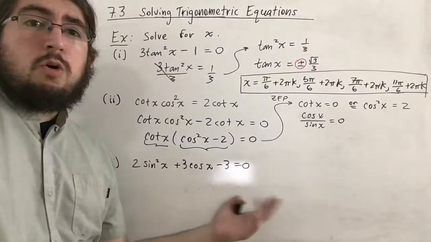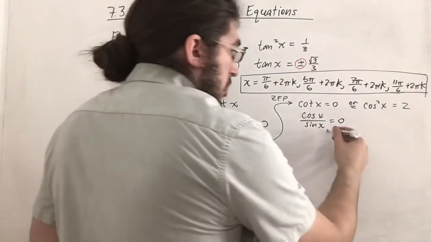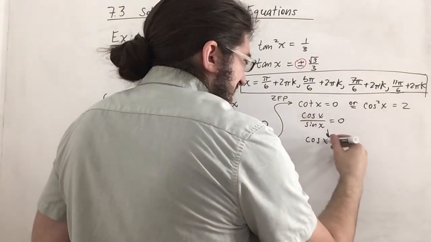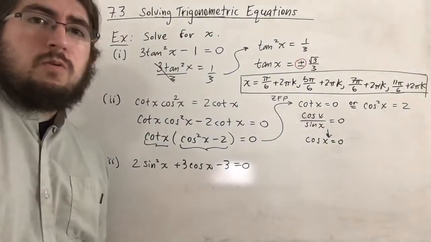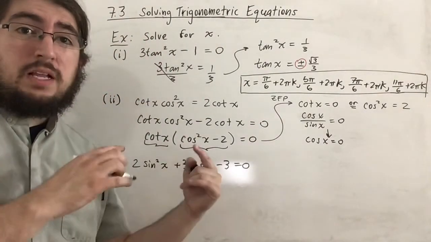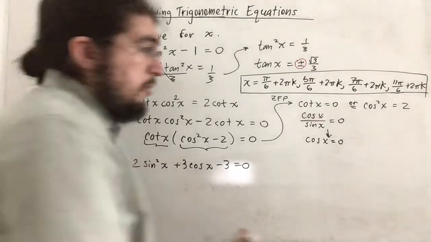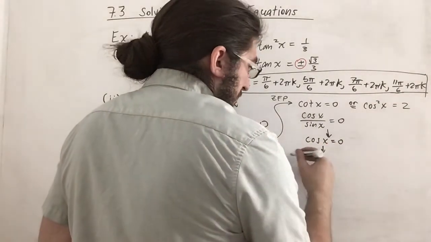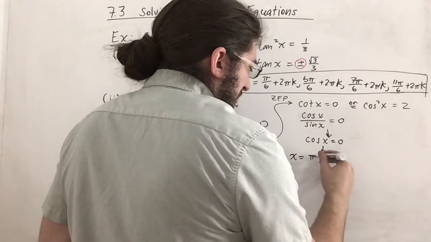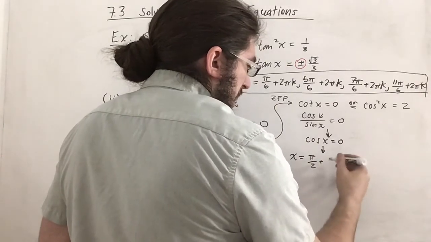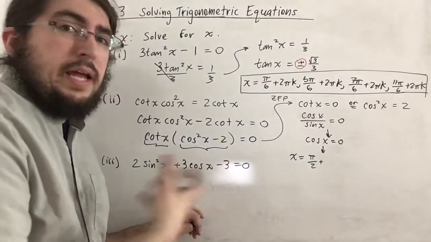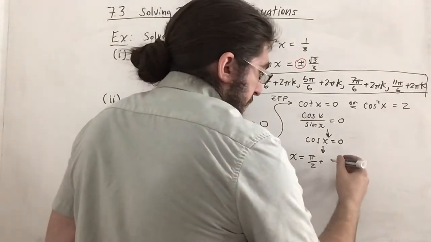And a fraction is 0 only when the top is 0, so this implies cosine is 0. And cosine is 0, well, remember, cosine is the x value of points on a unit circle, so that occurs at pi over 2 and 3 pi over 2. So this implies that x is equal to pi over 2 plus 2 pi k, and 3 pi over 2 plus 2 pi k.